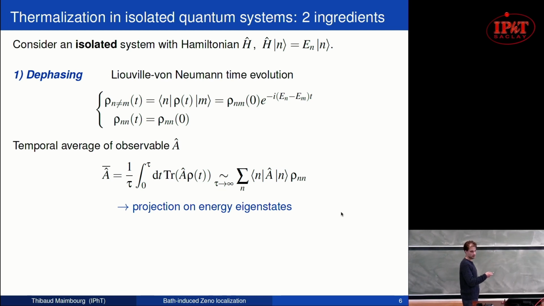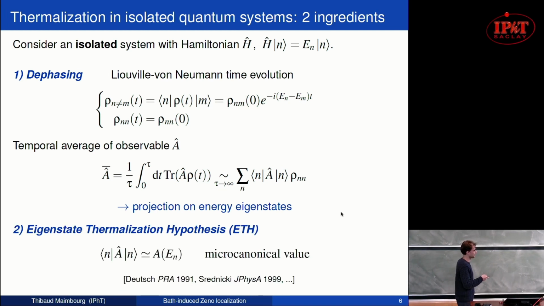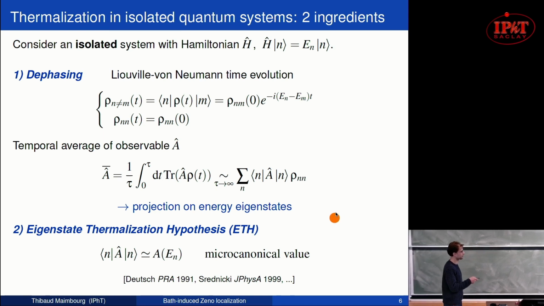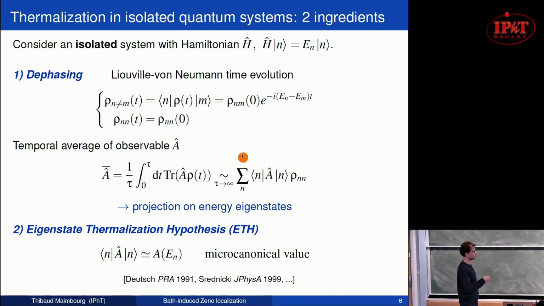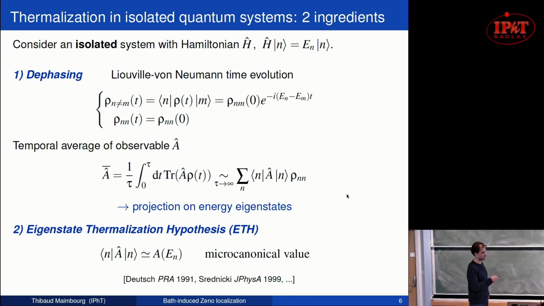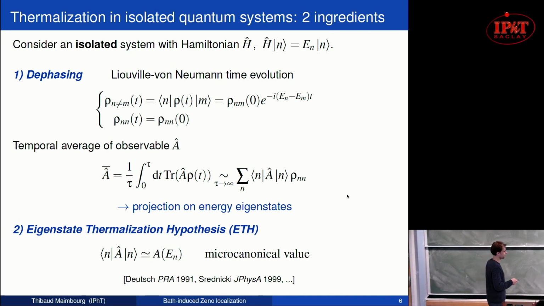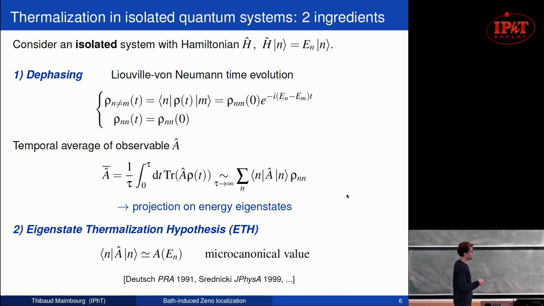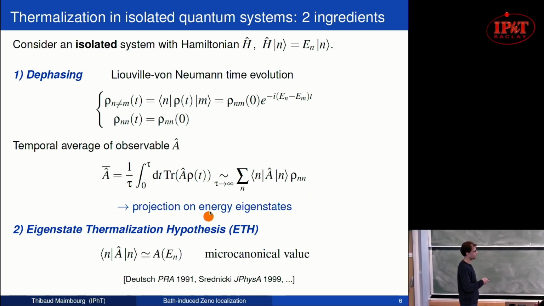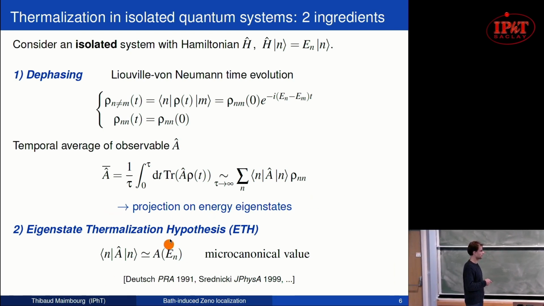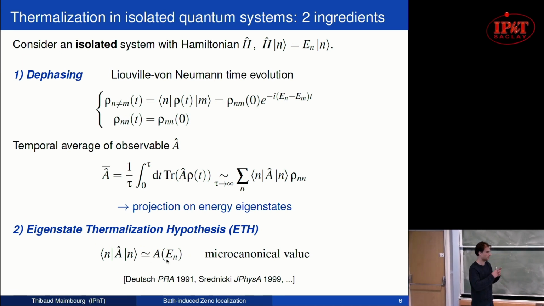So this is the so-called dephasing. And the second ingredient is the diagonal element of any observable A. This is the so-called eigenstate thermalization hypothesis: those diagonal elements should be typical of the energy that you have fixed.